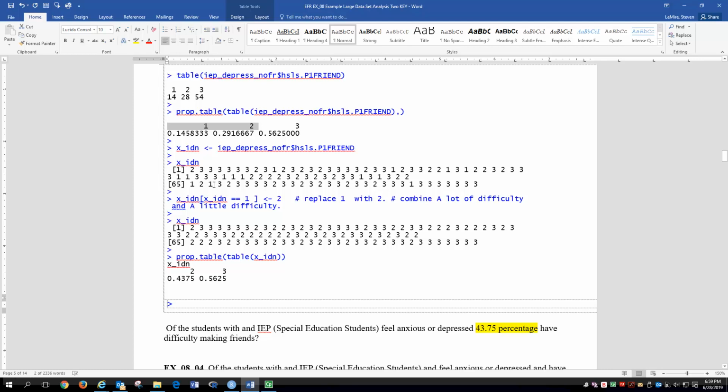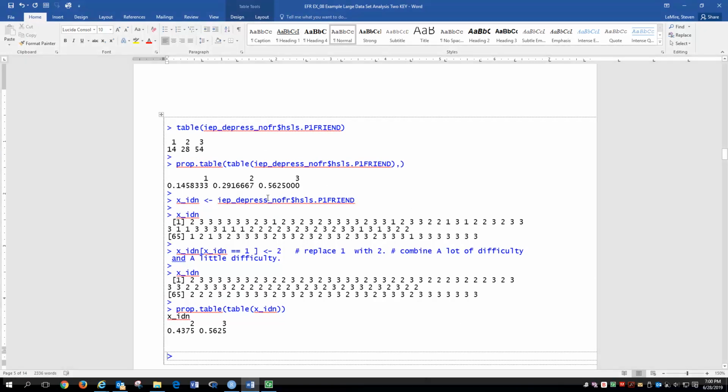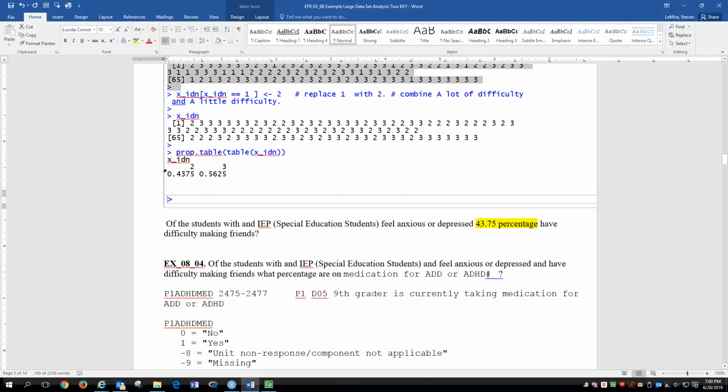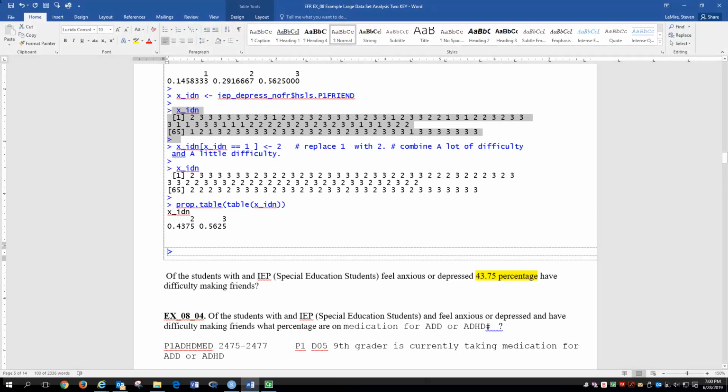What I do is I pull out just the probability of friends, as an individual vector or data frame, right here. And then as we can see here, I'm going to come in and combine. I'm going to take out the 1 and place 1 and 2, and combine a lot of difficulty with a little difficulty.